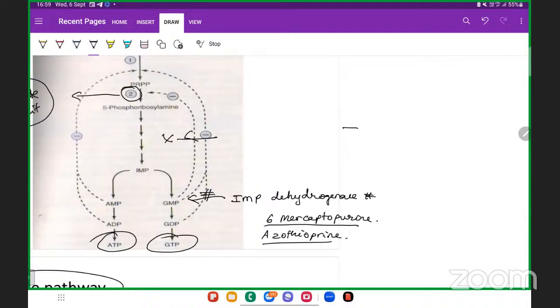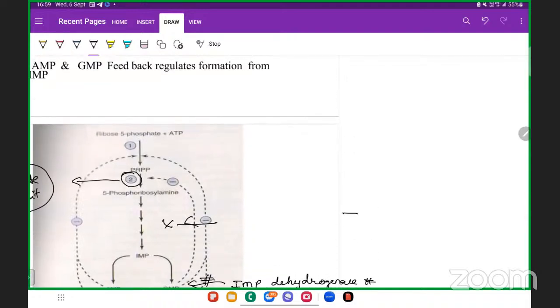Okay, next one is you can inhibit the production of purine by inhibiting the PRPP aminotransferase enzyme. How do you inhibit this PRPP aminotransferase enzyme? By giving a drug called ribavirin, and you have mycophenolate mofetil.